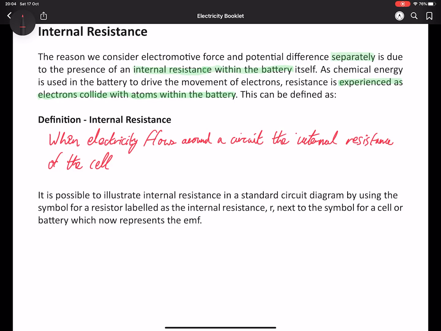And as such, we think of that as the potential difference lost across the cell itself.